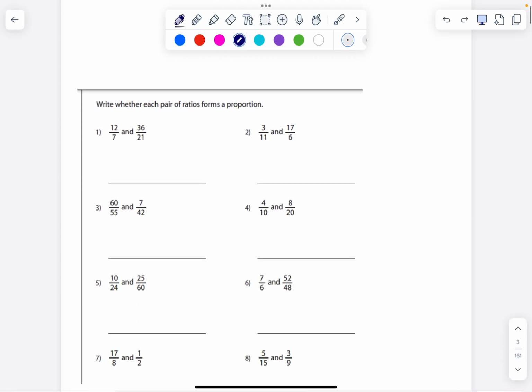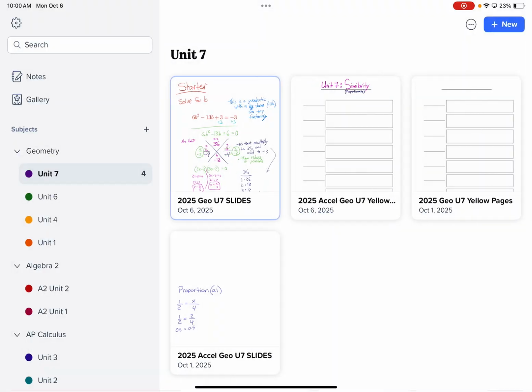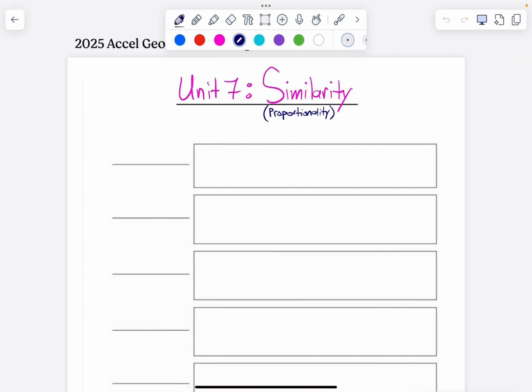Okay, so here's some easy ones. Actually, let's go write that and then we'll come back to that concept. This is going to be a guiding principle of this entire unit, in fact. So it's pretty critical to understand.